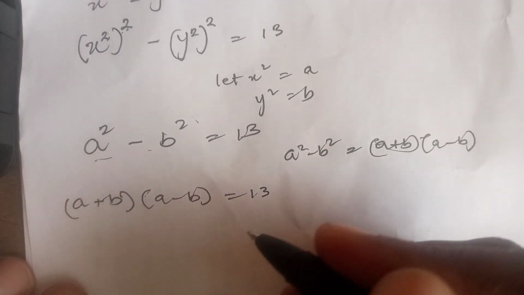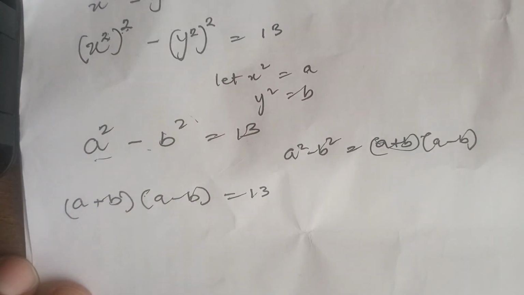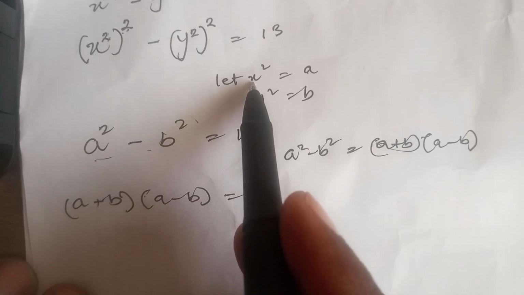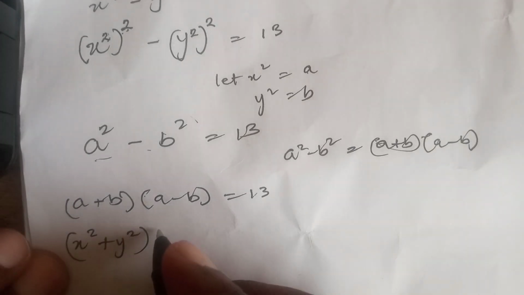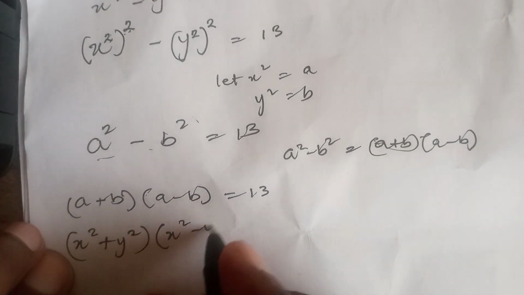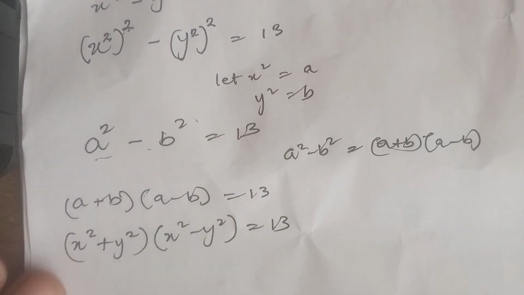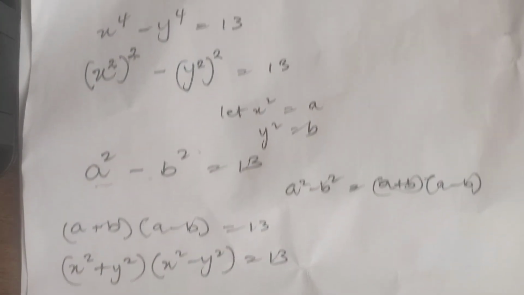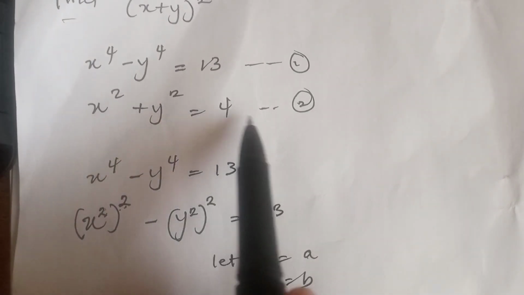Let's substitute the values back into the equation. a is x squared, so we have x squared plus y squared times x squared minus y squared equals 13. But let's go back to our equation 2: x squared plus y squared is 4.